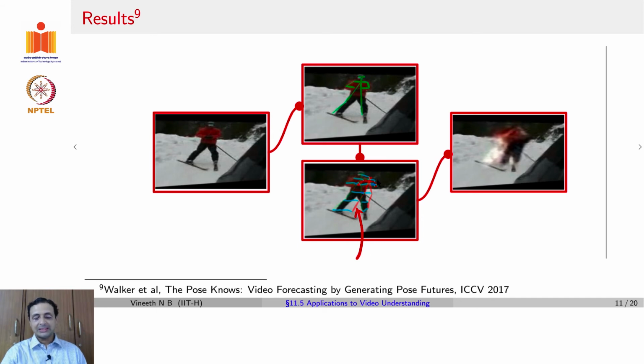Now using that skeleton to condition the generation of the next frame, the GAN generates this image where the person moves to that location. Clearly, it's not very sharp in terms of the generation considering the real world situation, but it gets a fairly good estimate of where the person is likely to be in future of the video that's provided to us.